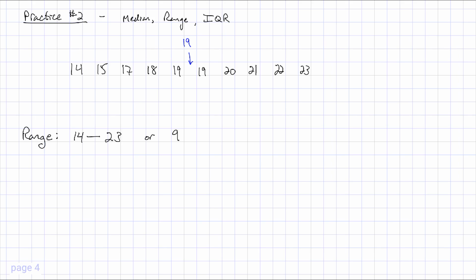Once we have our median, we divide the upper points and the lower points in half, and we calculate the median of each of these halves. Each of these halves has an odd number of data points, so our median will actually be a middle number of those.